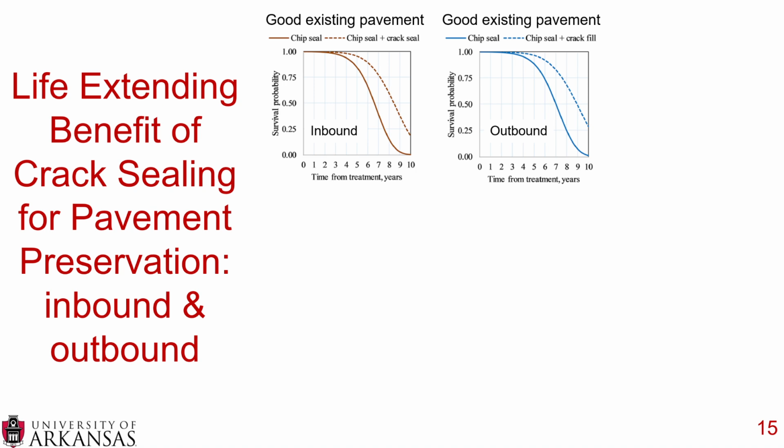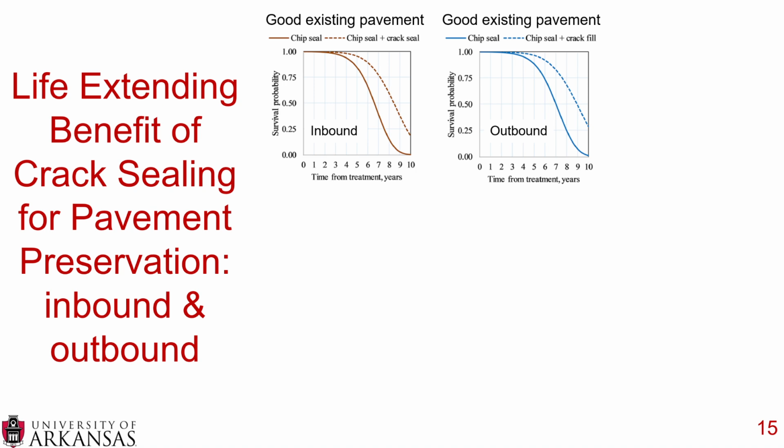But you can see here, if you apply a crack seal, you are looking at adding a minimum of 2, maybe up to 3 years of survival probability to your surface treatment. So this is an incredible finding on the benefits of adding that crack seal before you place the chip seal on top of there.